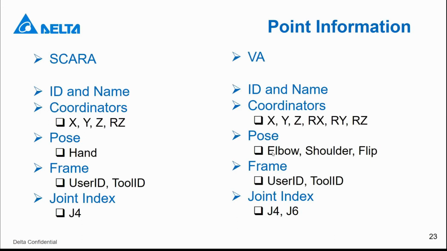We also need to record this status. And we also have a frame, the same, I will introduce later. And for the joint index, it's also the same, just for the VA robot. Joint 6 can also rotate unlimited turns. So in the VA robot, we record the joint index of joint 4 and joint 6.